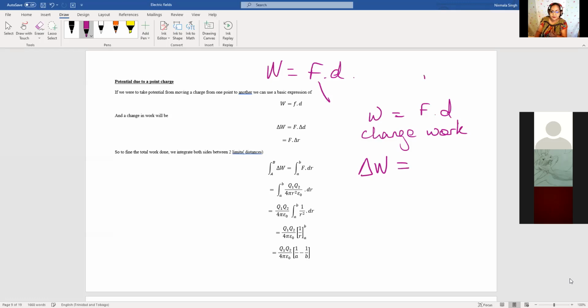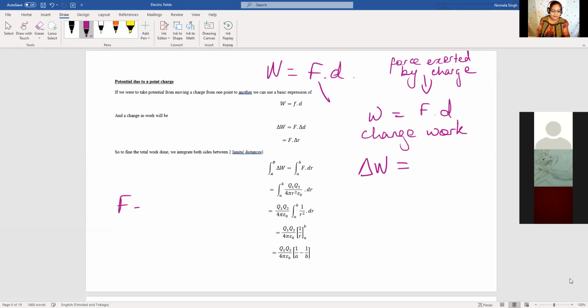We are not going to change the force, because let's look at the force here as being the force exerted by a charge. This will not change. The amount of force exerted by a charge is not going to change. What's going to change is the distance that charge is from another charge. But the individual force that a particular charge has cannot change because we cannot change the nature of that charge.